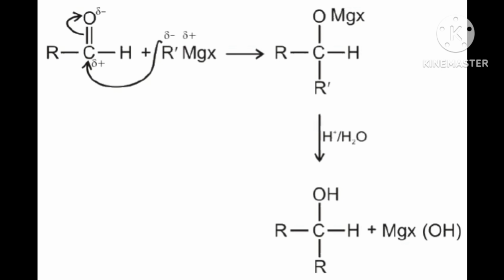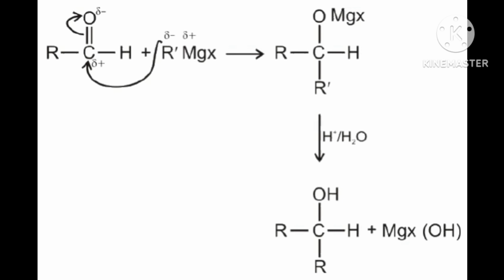Now here you have to understand, you got a secondary alcohol because 2 R is attached. The carbon is attached with two alkyl groups, R and R dash, which may be the same or different.